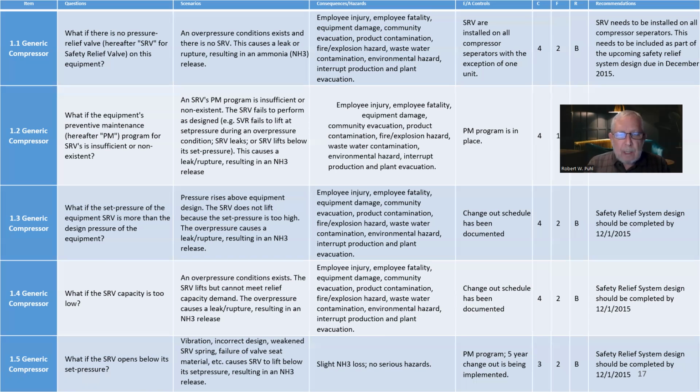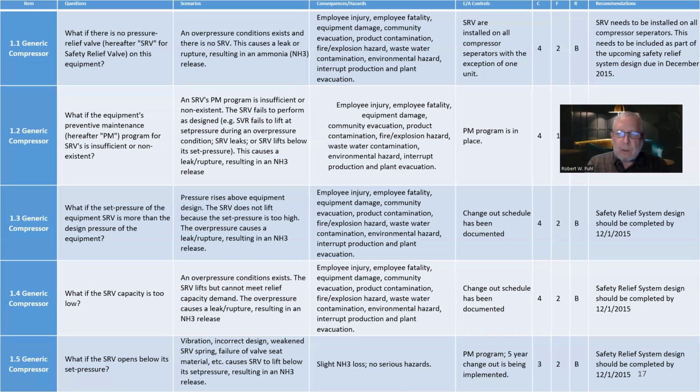The overpressure causes a leak or rupture, resulting in a release. And again, the employee injury, all that stuff, it's all boilerplate most of the time. So then the engineering administrative control is that a change out schedule has been documented. And also the safety relief system design is going to be completed by 1/12/15. So that's the whole system design is going to be redone.